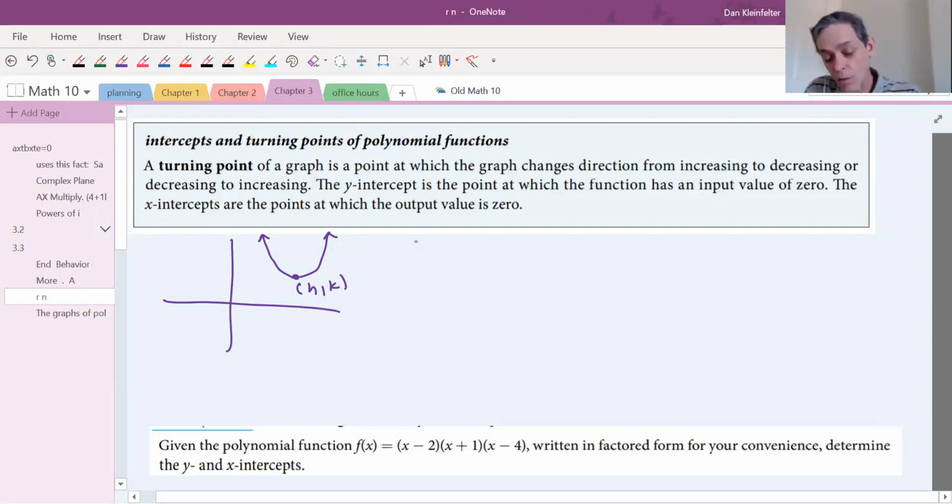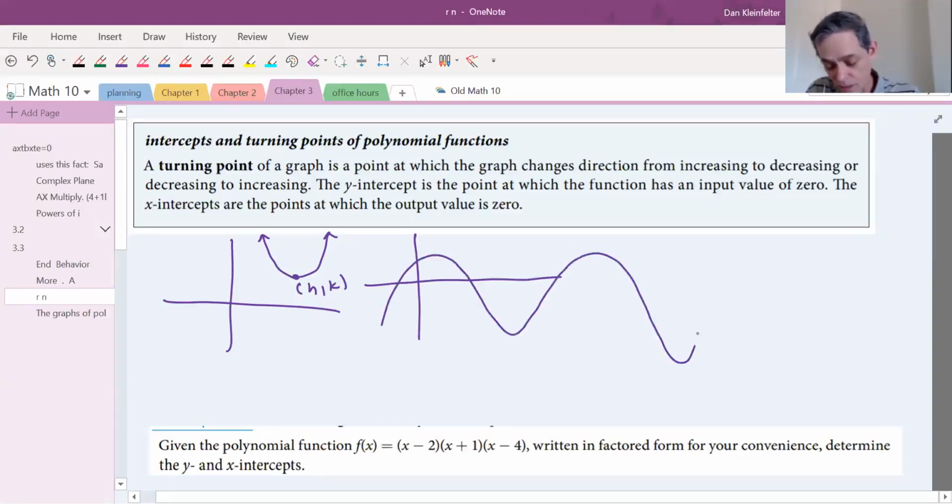So if you have polynomial functions in general, we only had a vertex for a quadratic function, but any kind of polynomial function is going to have turning points that you're not going to necessarily call a vertex. Vertex really is just applied to quadratic functions. But each of these would be turning points because they're points where the graph changes from increasing to decreasing or from decreasing to increasing. So those are turning points.